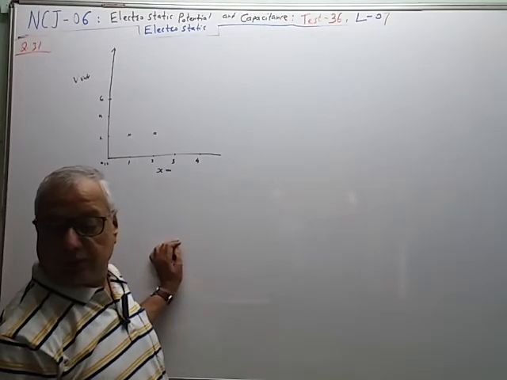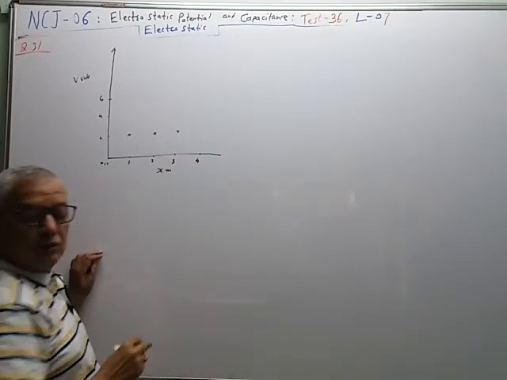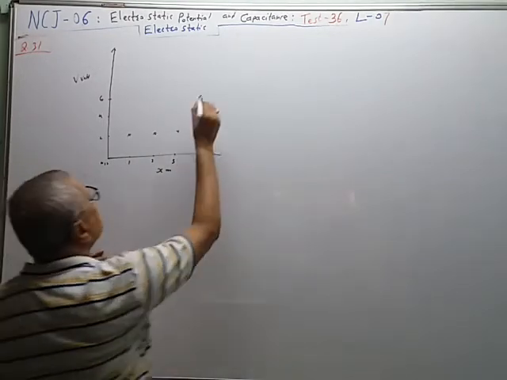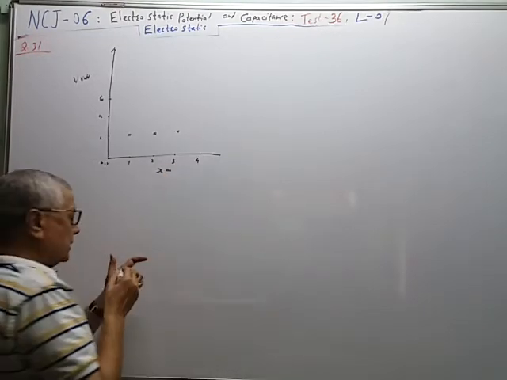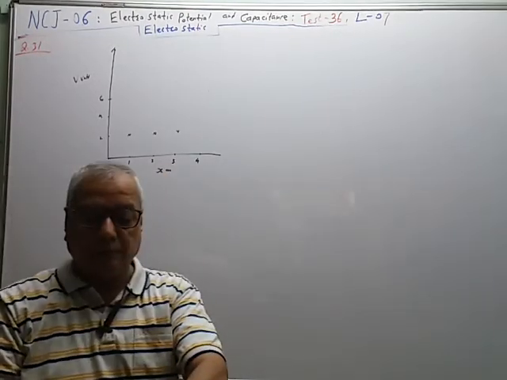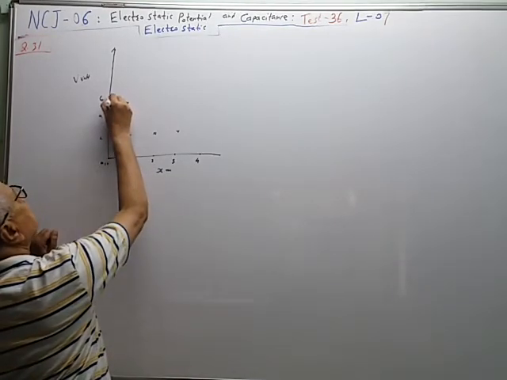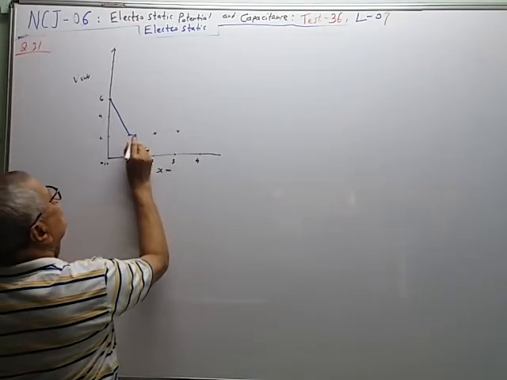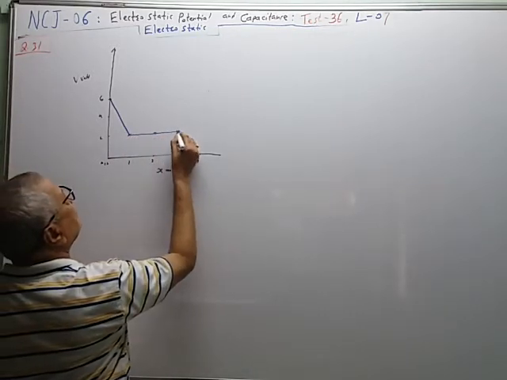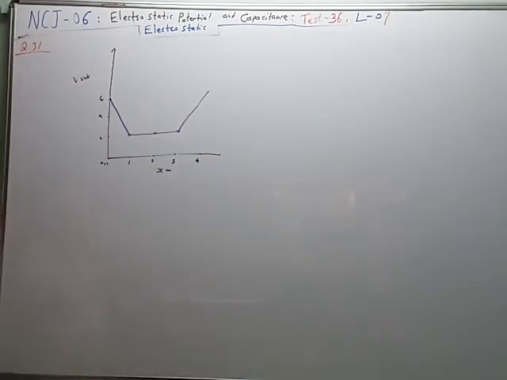At x is equal to 3, the voltage is 2. And at x is equal to 4, the voltage is 6. So the graph is like this. Voltage decreases from 6 to 2. Voltage remains constant 2 volt, 2 volt, 2 volt, and voltage again increases like this.